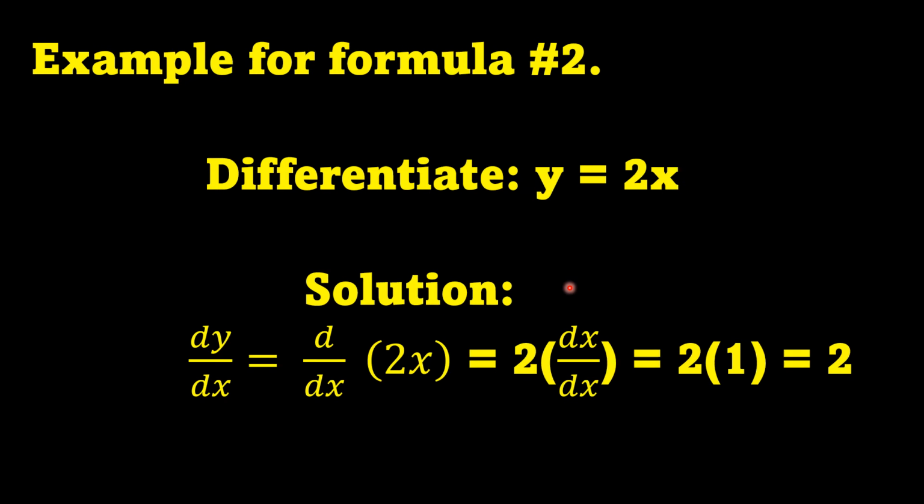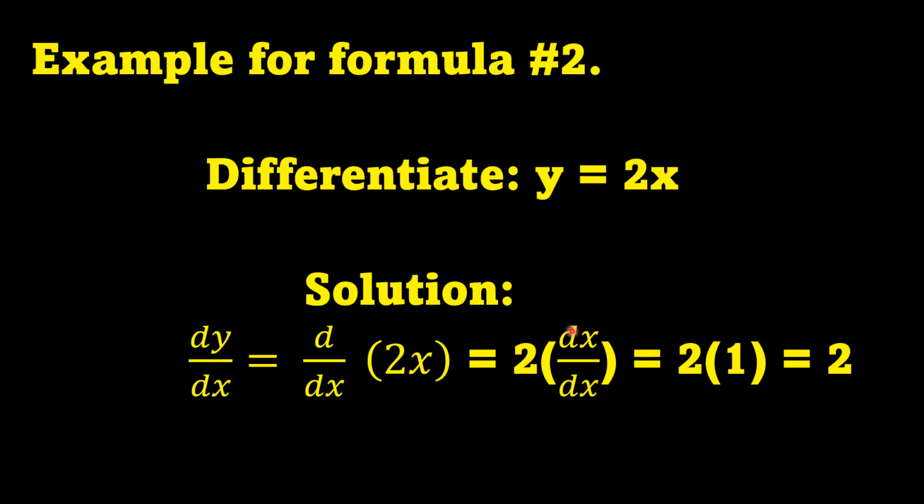And then for the second formula, differentiate y equals 2x. For the solution, start with this. The derivative of y with respect to x is equal to the derivative of 2x with respect to x. And then, equals 2.